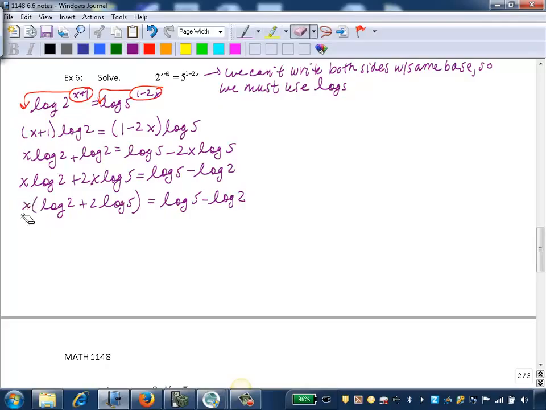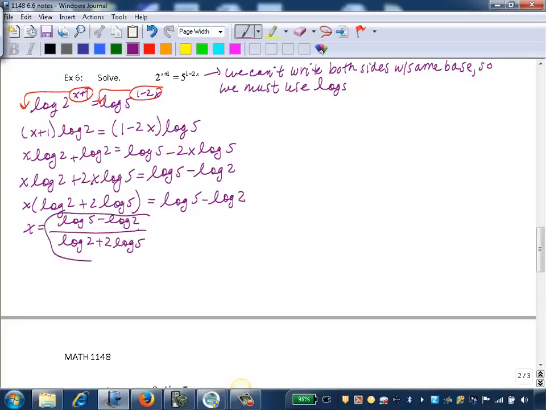So now our final step to isolate x, we just divide by the quantity log 2 plus 2 log 5. So if I divide, that will give us log 5 minus log 2 over the quantity log 2 plus 2 log 5.